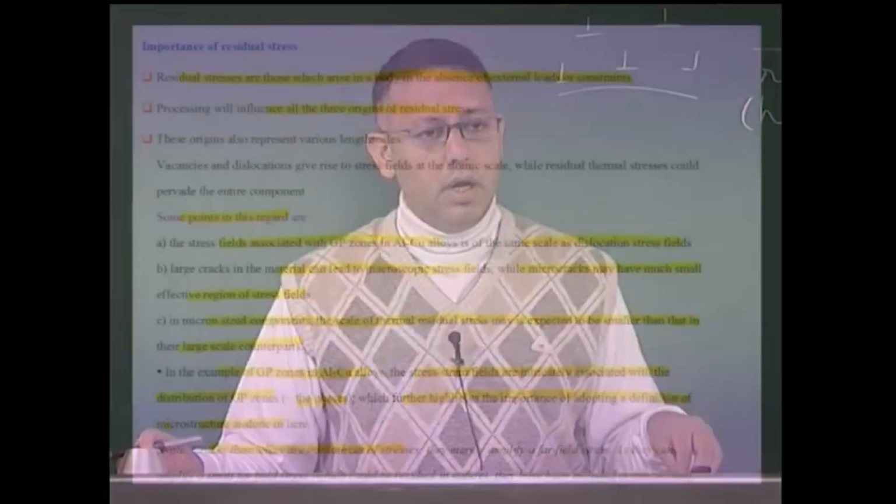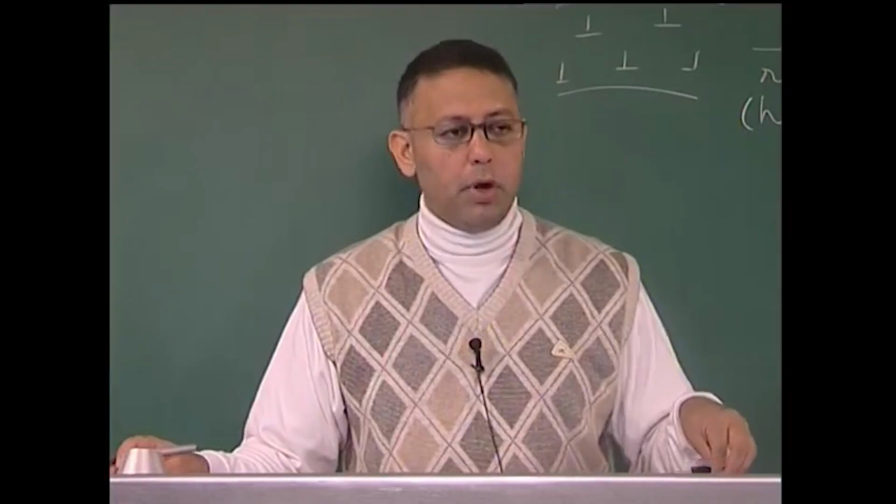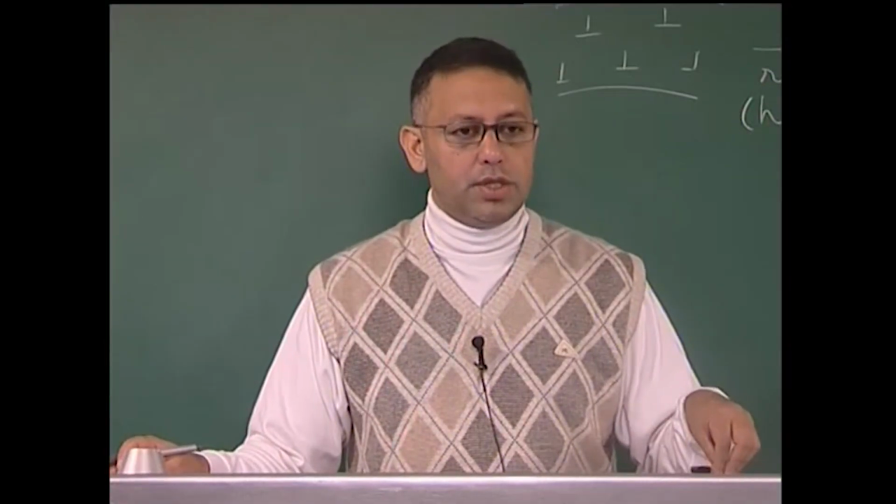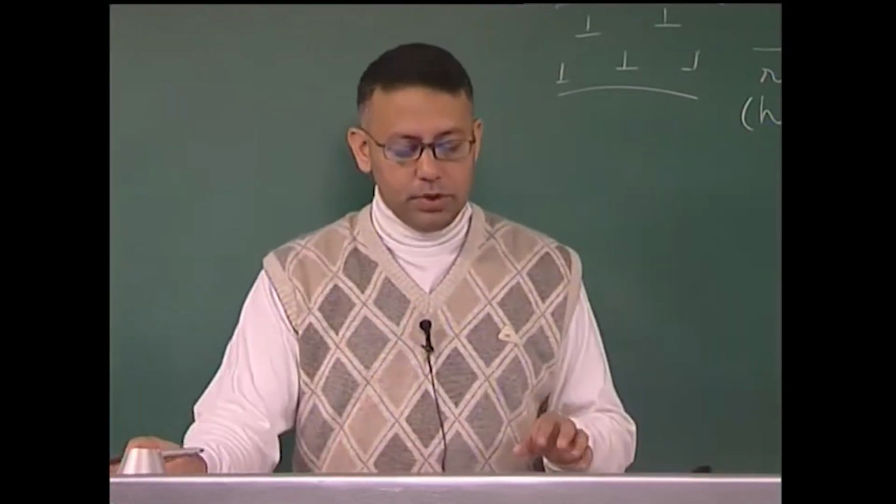In the example of GP zones in aluminum copper alloys, the stress strain fields are intricately associated with the distribution of GP zones, that is the phases, which further highlights the importance of adopting a definition of microstructure wherein we are talking not only about phases and their distribution, and the defect structure and its distribution, but also the residual stress and its distribution.